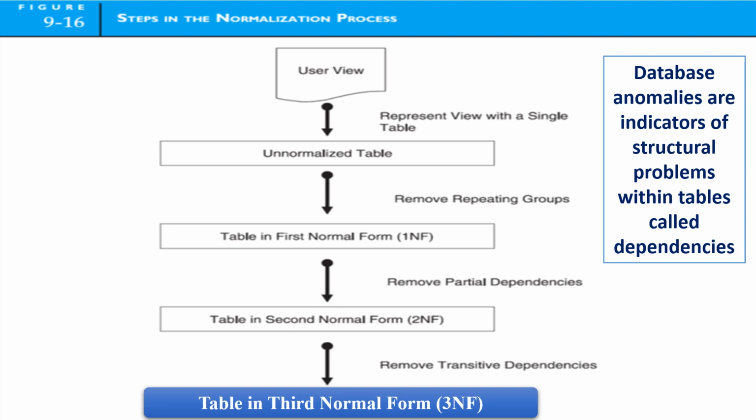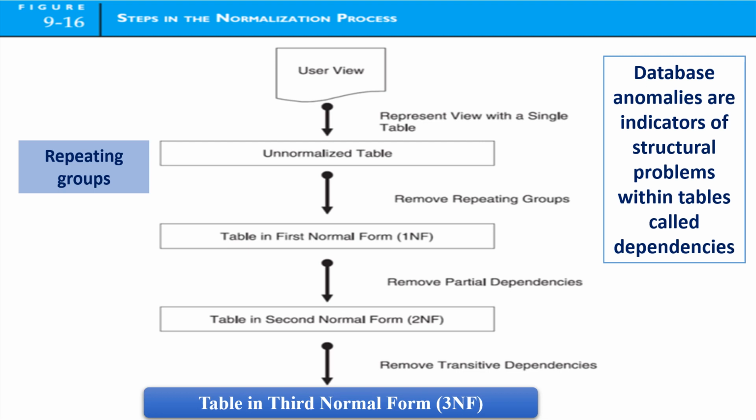So we have what we call the raw table or the user's view table, and normally it includes repeating groups of attributes and information. It represents the view with a single table.